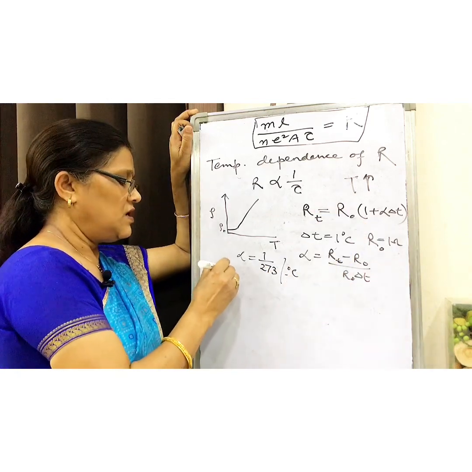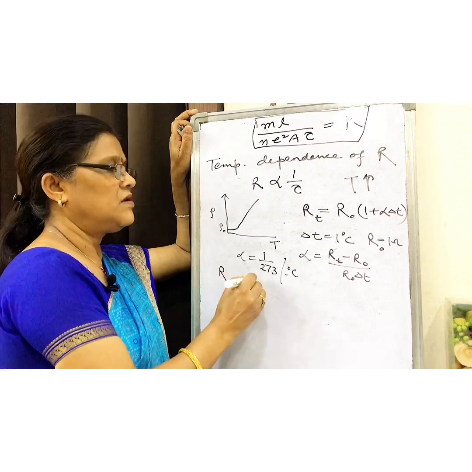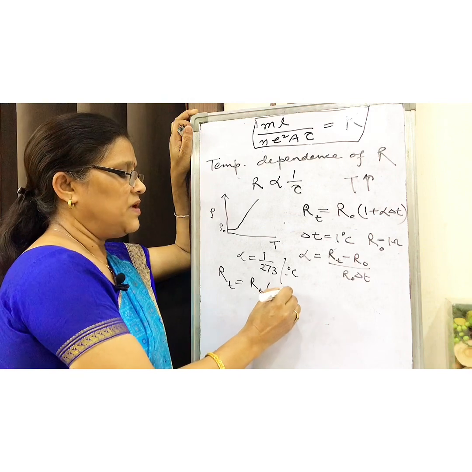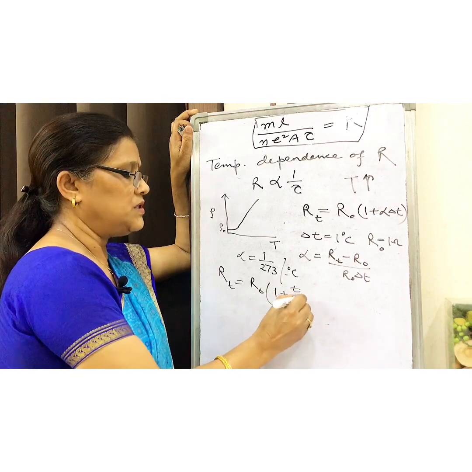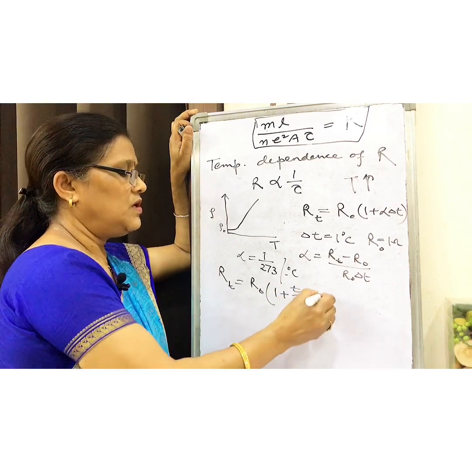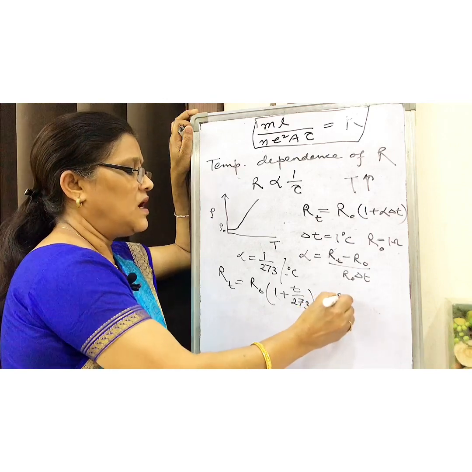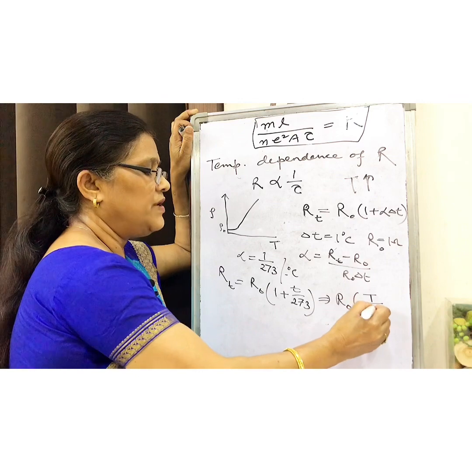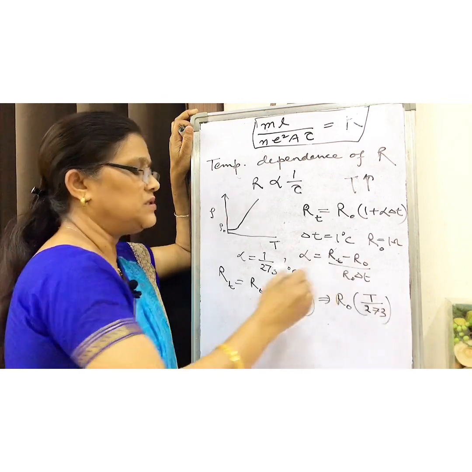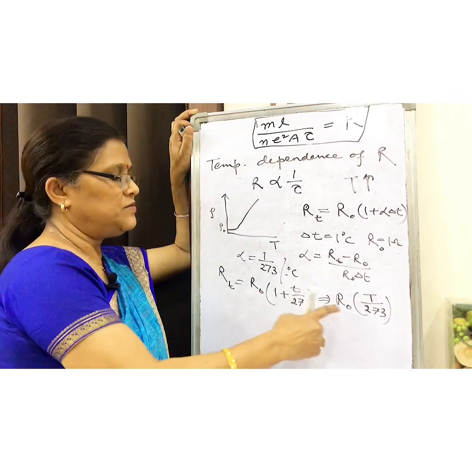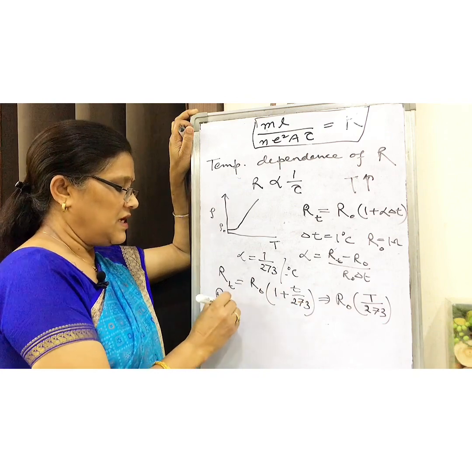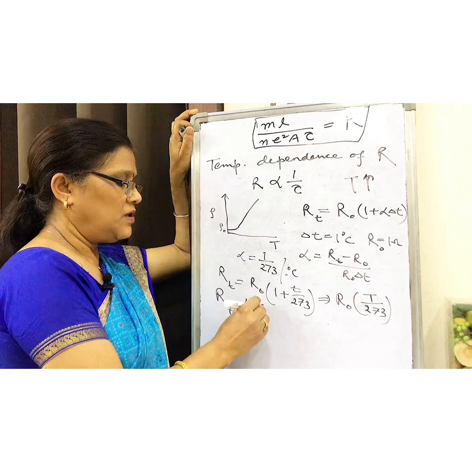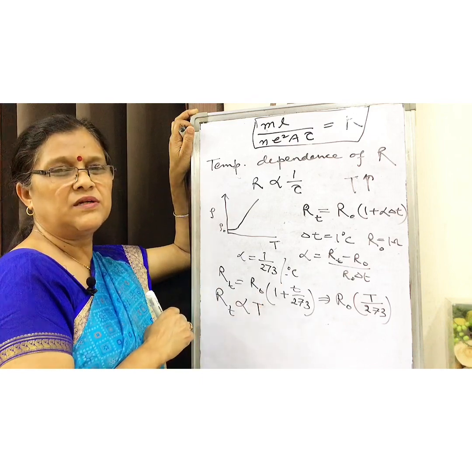R_T will become R naught (1 plus T upon 273), and you know that it can be written as R naught times capital T, that is in Kelvin, absolute temperature, upon 273. So what we observe from this relation is that R_T is directly proportional to absolute temperature.